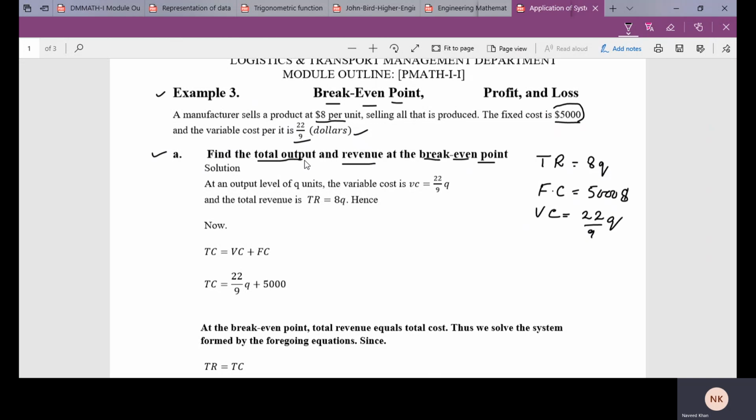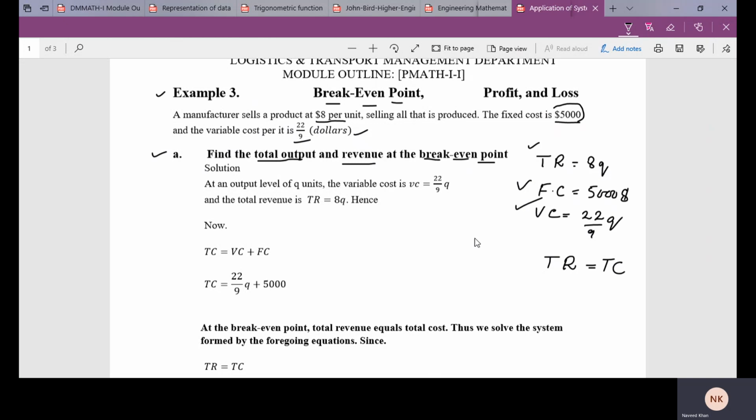Find the total output and revenue at the break even point. We know that at the break even point, total revenue will be equal to total cost. But here the total revenue is given, fixed cost is given, variable cost is given.